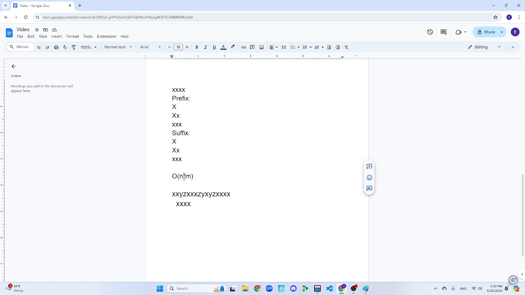So the KMP algorithm will make the time consumption n plus m, which means it'll only iterate through this once and this also once.